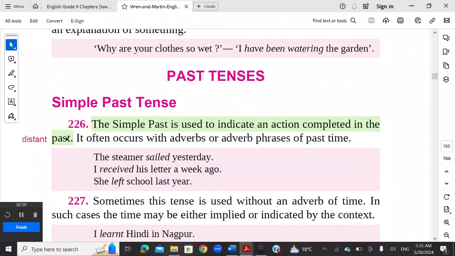Now, what is the difference? In present perfect tense, we talk about the recent past, the past that has just happened. And in past simple tense, we talk about the distant past, यानी कि उससे दूर का past. As you can see in the example, the steamer sailed yesterday. It's just information about the past and has no impact on the present.